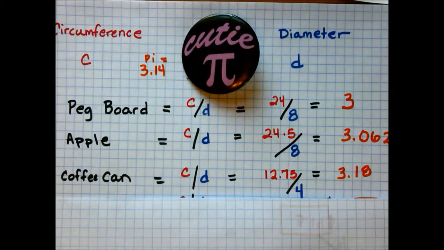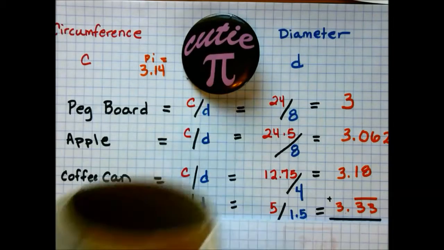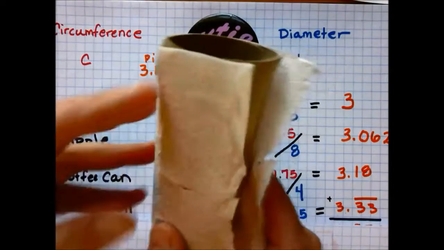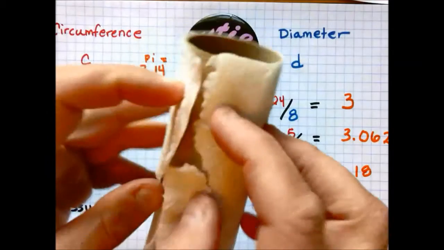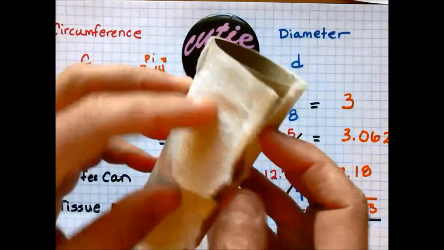Now, I'm going to show you one more everyday item that you can use to measure the diameter and the circumference to see if in fact the ratio turns out to be 3.14. So the last item I used was the end of a toilet roll, the end of the paper of the toilet roll.